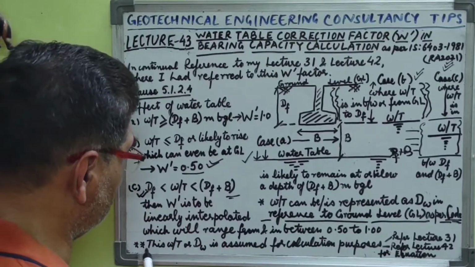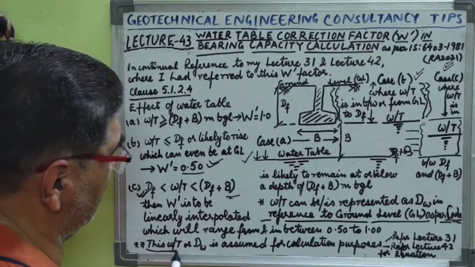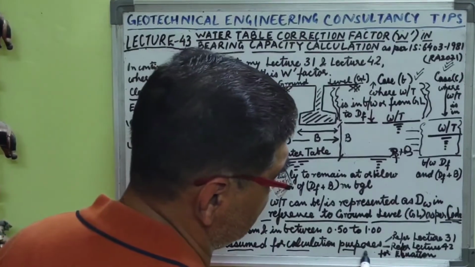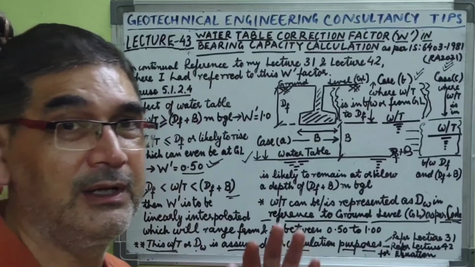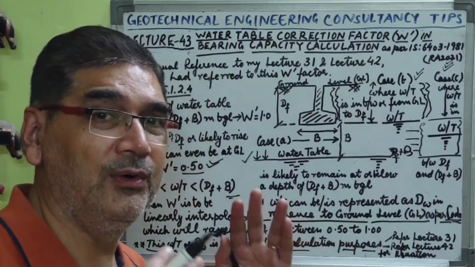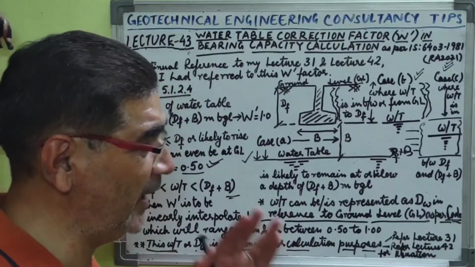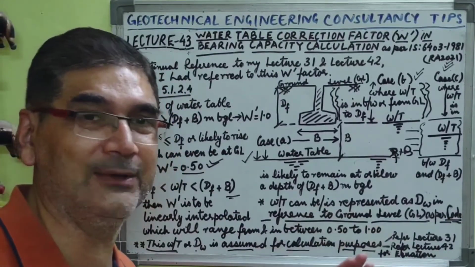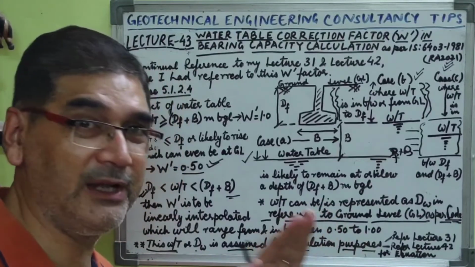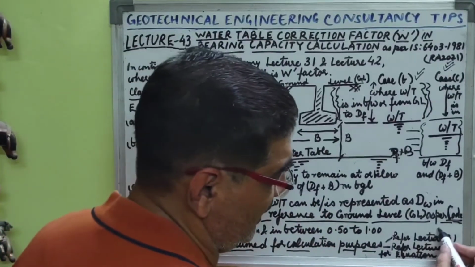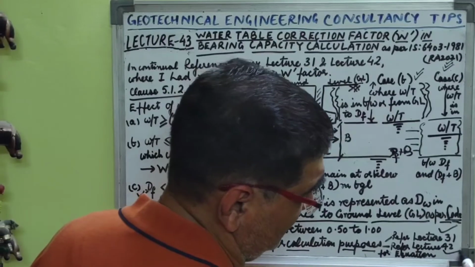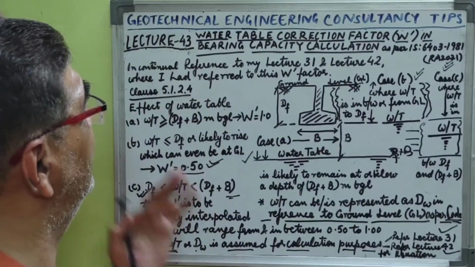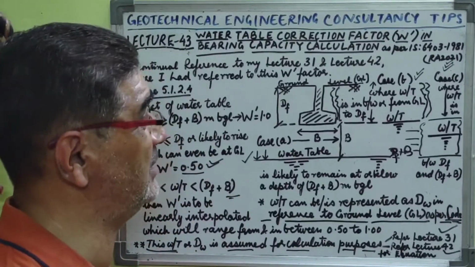In the end, this water table or DW is assumed for calculation purposes based on what water table we encountered at the site and what water table we are assuming for the calculation purposes. I would again reiterate, please refer to my lecture 31 and my lecture 42 delivered previously on this YouTube channel of mine on the subject of Geotechnical Engineering Consultancy Tips.